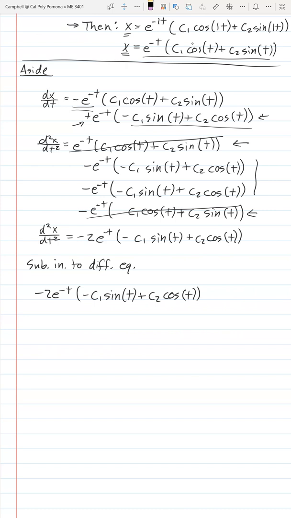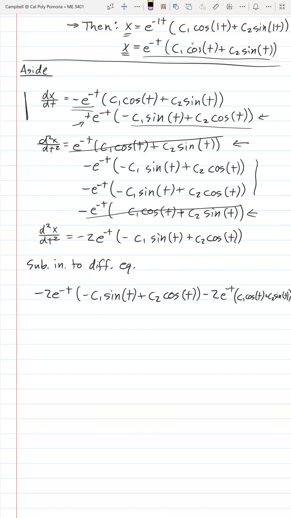Then we have 2 times the first derivative. So that gives us a negative 2. I'm just going to distribute the negative 2 on out. So a negative 2 e to the negative t times c1 cosine t plus c2 times sine t. I think I'll be able to squeeze that in there. There we go. Perfect.